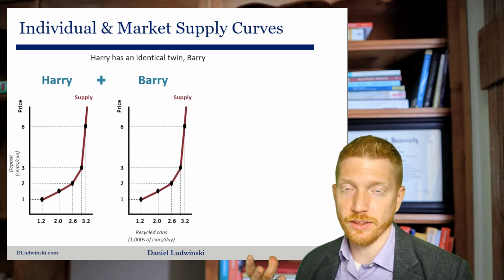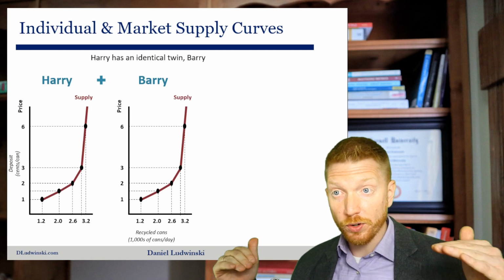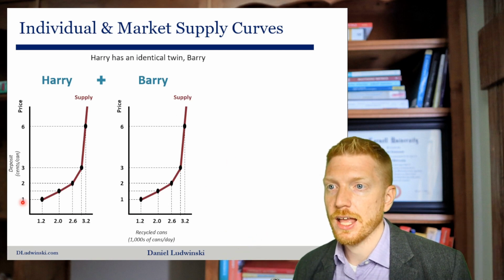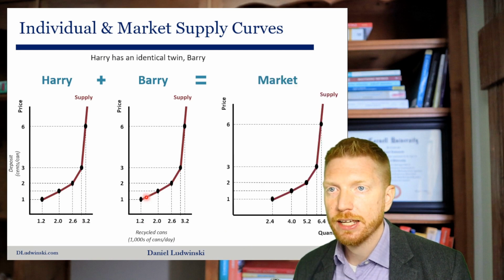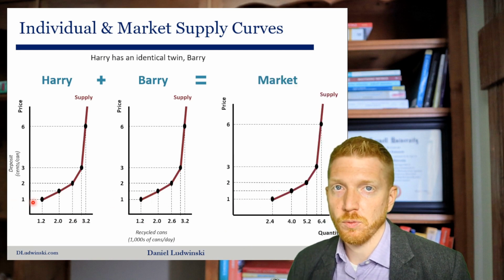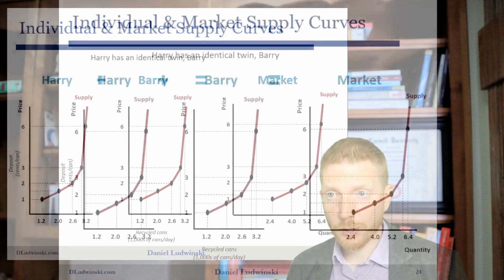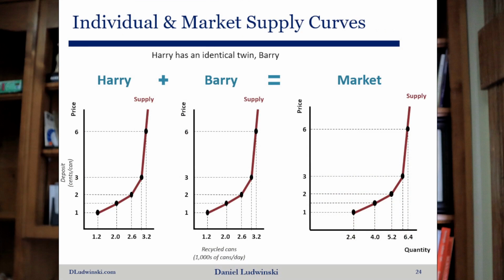We could add them together in a table, or we could add them horizontally in a graph. We just need to make sure we're saying how much quantity we get at each price and add them that way. So at a price of 1 cent, we have 1.2 for Harry, we have 1.2 for Barry, and the sum of those two together is 2.4.